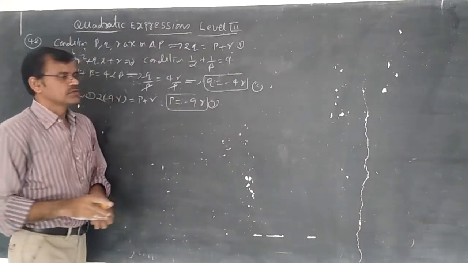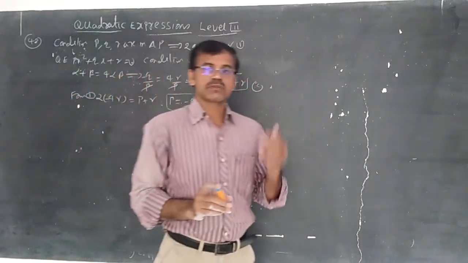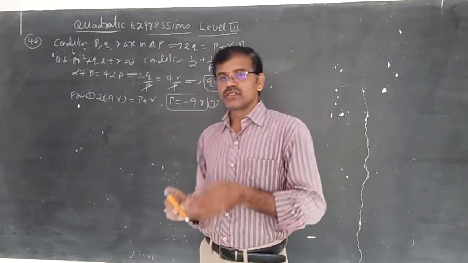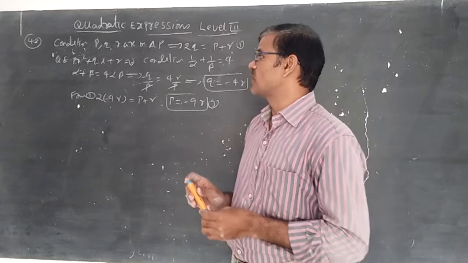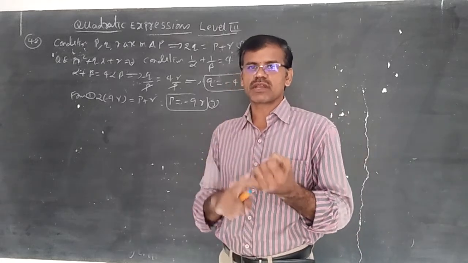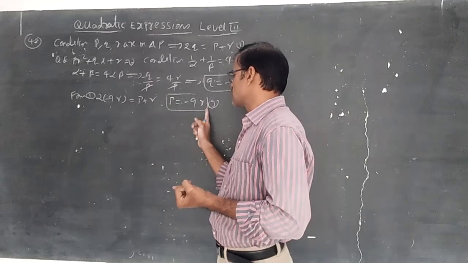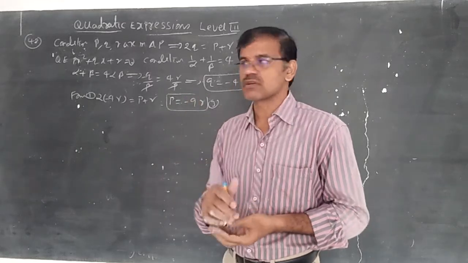This is the third equation. Just as in the concept of direction cosines and direction ratios, in those sums we calculated m in terms of n, in the same way we got p in terms of r, q in terms of r, and r in terms of r.